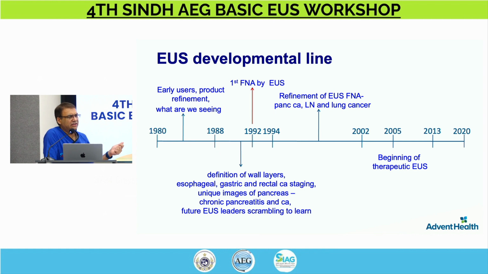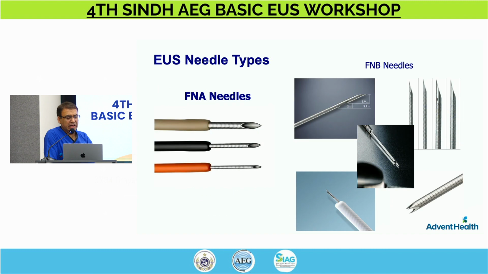Our MRI, CT scans are getting a lot better. But it still does really good for luminal staging, initial staging, and also has a unique prospect in cases of submucosal lesions, where it performs really well.